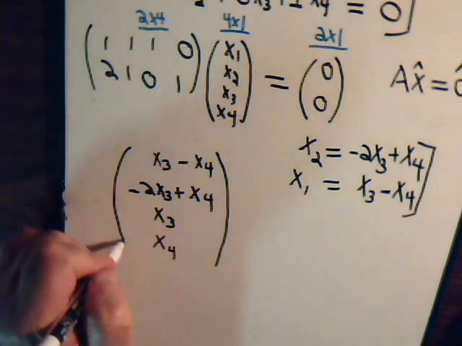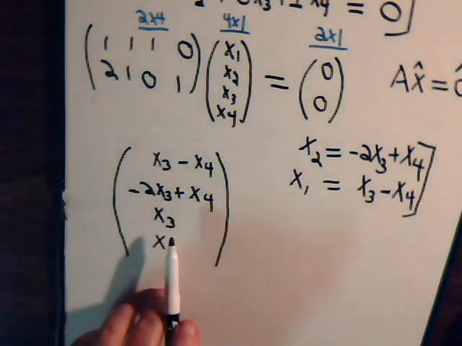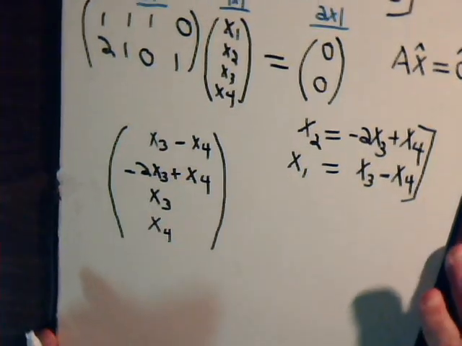And there you see we've kind of expressed the whole thing as a giant column vector. But once we have it in this form, what we can do is factor out the free variables, the x3 and the x4.